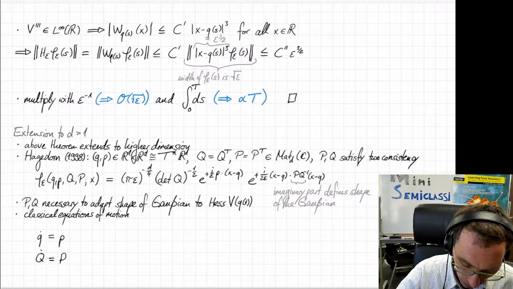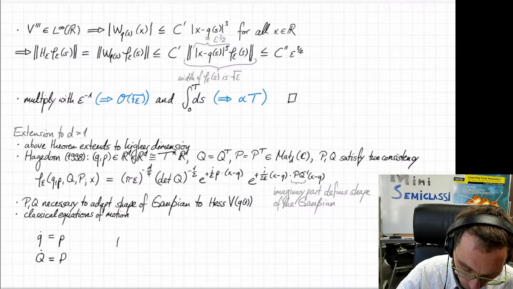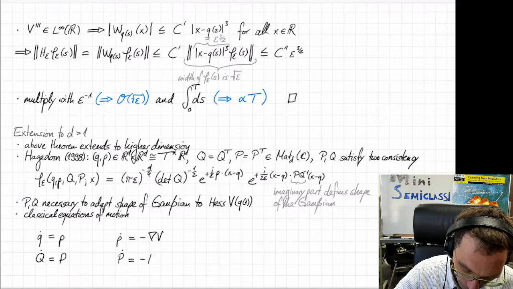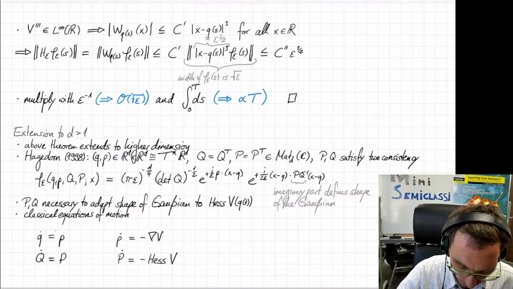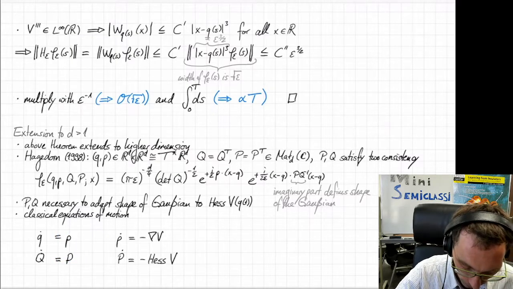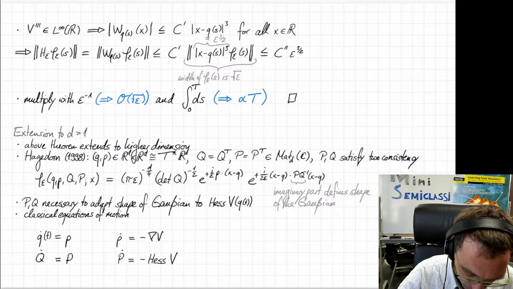Then the equation for small p, well, it's minus the gradient of V. And the equation for capital P, well, it's minus the Hessian of V. And it's perhaps worthwhile to add the time dependence more explicitly.